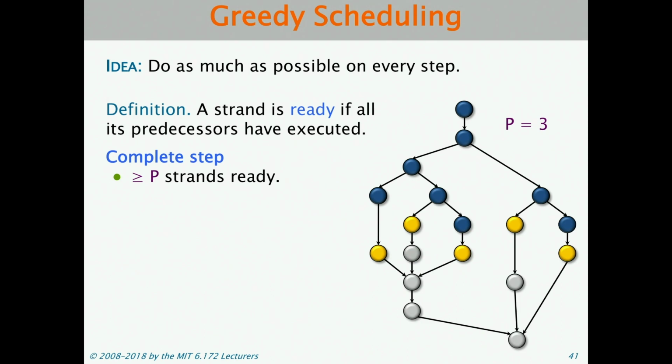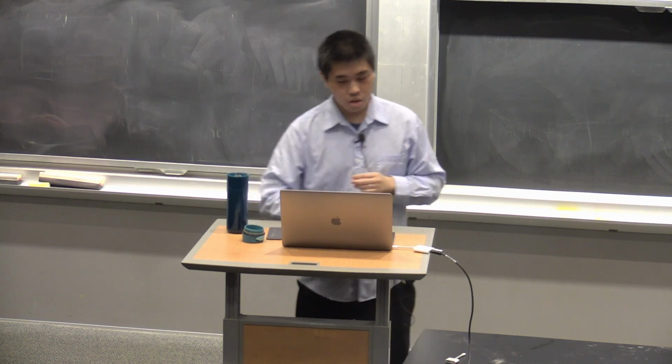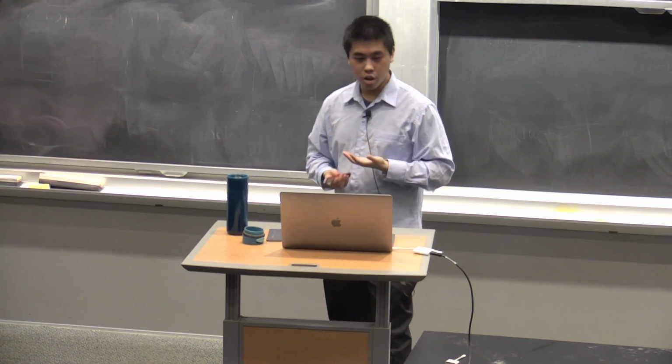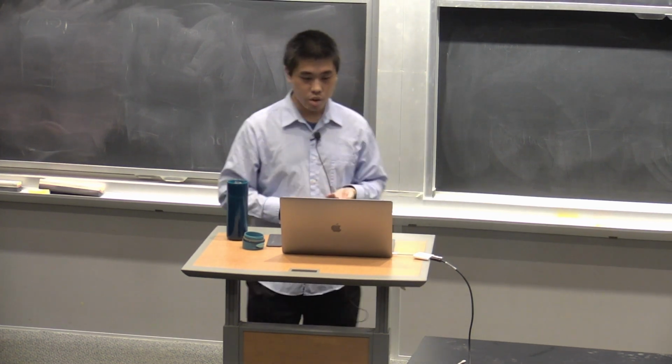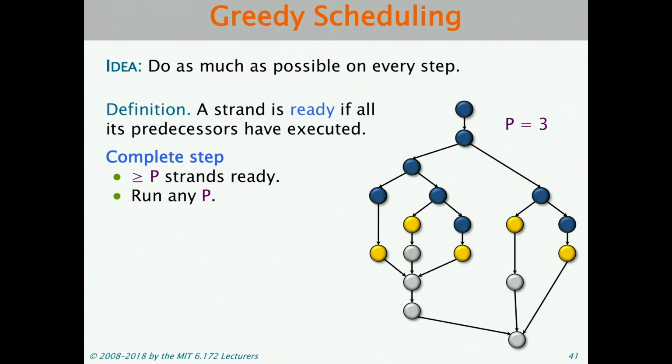What would a greedy scheduler do? Yeah, a greedy scheduler would just do as much as it can. It would just run any 3 of these, or any P in general. Let's say I picked these 3 to run. It turns out that these are actually the worst 3 to run because they don't enable any new strands to be ready, but I can pick those 3.